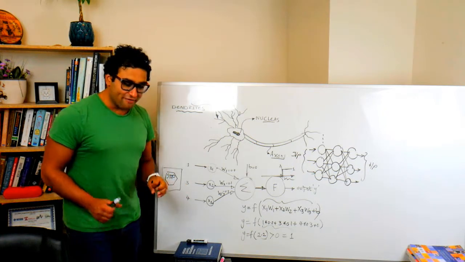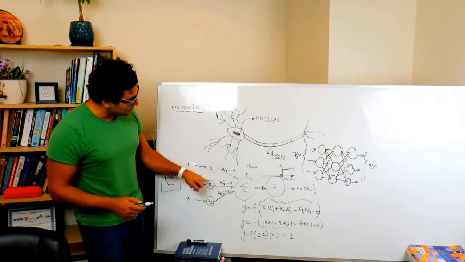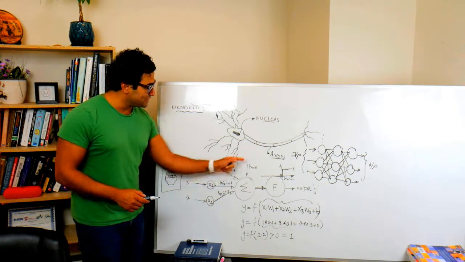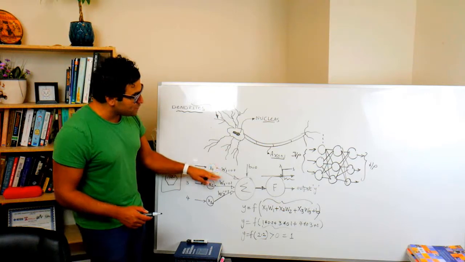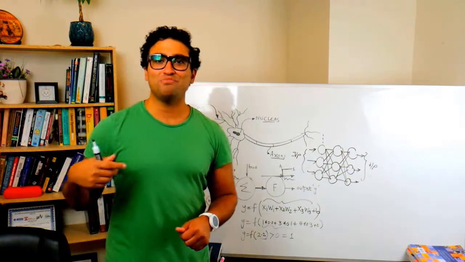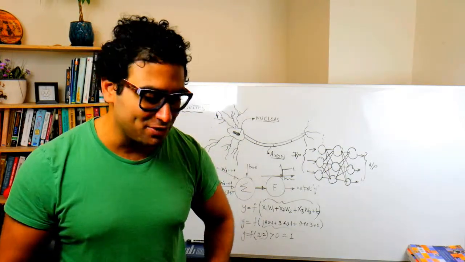Let's assume that we have only 3 inputs, and we're going to call them X1, X2, and X3. As you can see here, I have 3 weights. You're going to hear me talking about weights a lot in future episodes, and in this episode too.